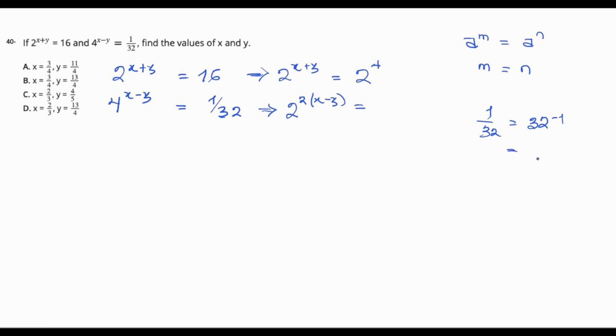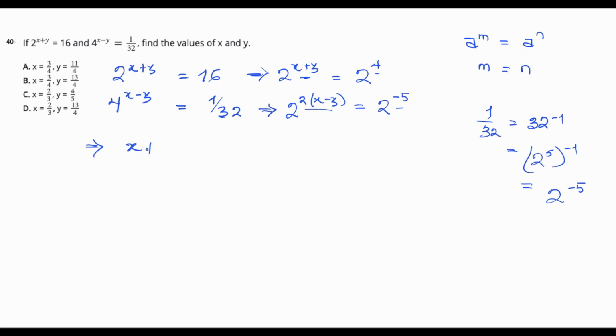And we know that 32 is equal to 2 raised to the power 5. So ultimately, this is equal to 2 raised to the power minus 5. Now, from this law of indices, we can say that x plus y is equal to 4, and this expression is equal to minus 5.